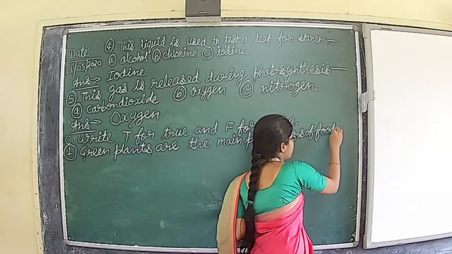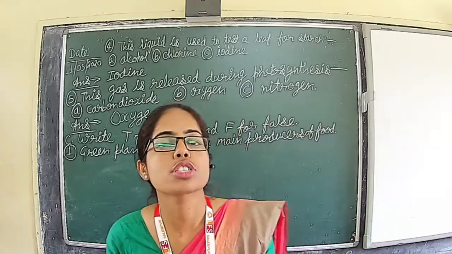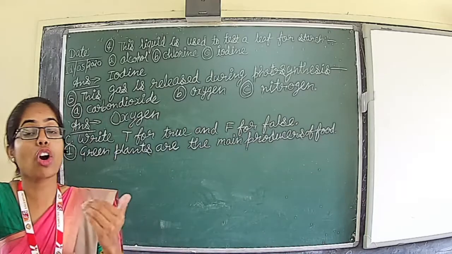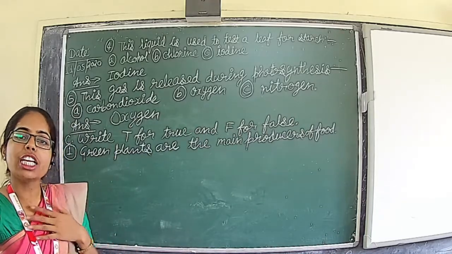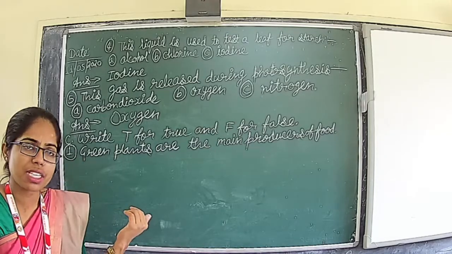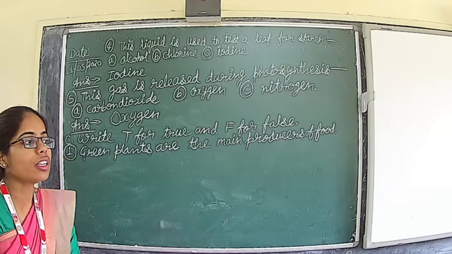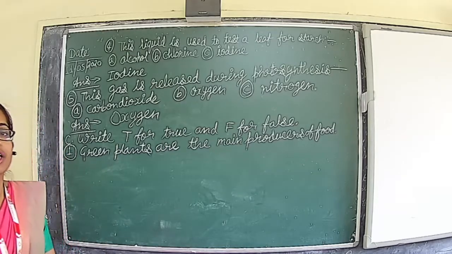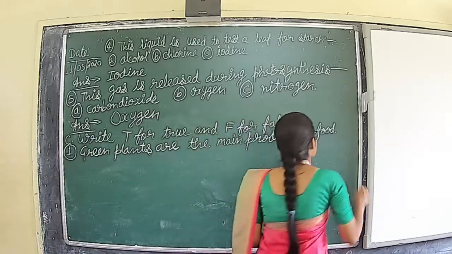We have studied that green plants are the main producers of food because they can make their own food, and from them only we and animals, human beings and animals, and every creature in this world gets their food. That's why they are called the main producers of food. So this statement is true.